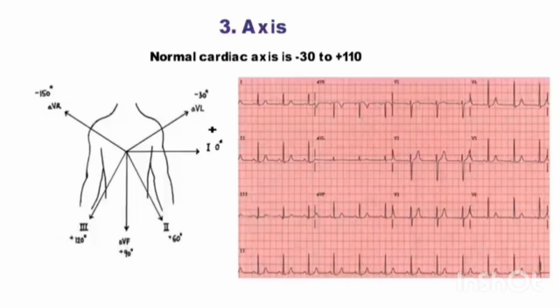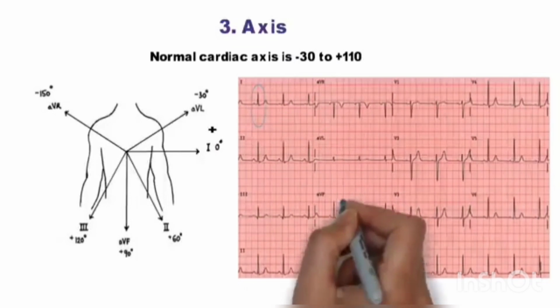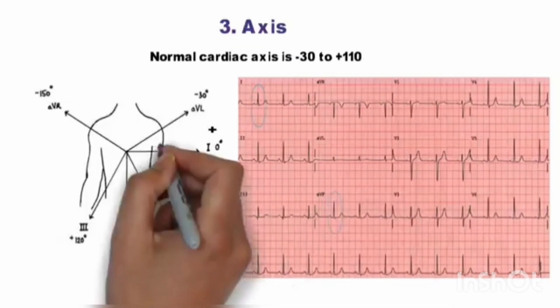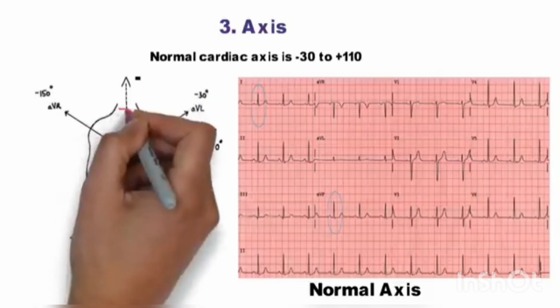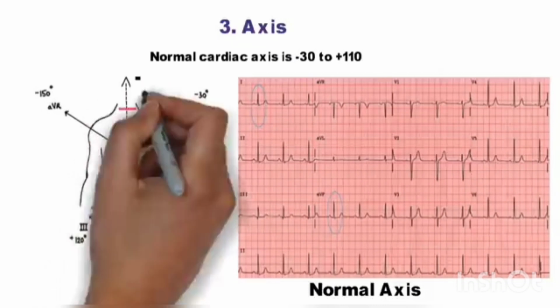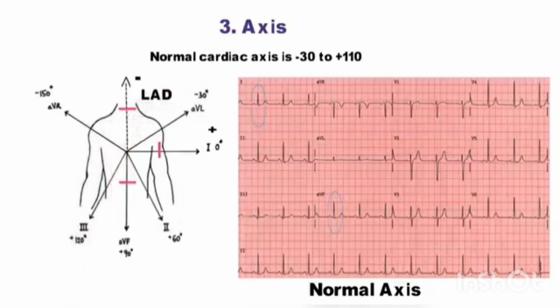In this ECG, net QRS complex in lead 1 and in AVF are positive. So if we plot these positive deflections on this diagram, we will get a vector in the normal cardiac axis range. So this is a normal axis ECG. And if net QRS is positive in lead 1 and negative in AVF, the net vector will be in left axis deviation range.